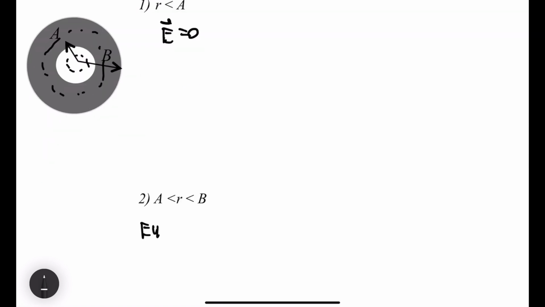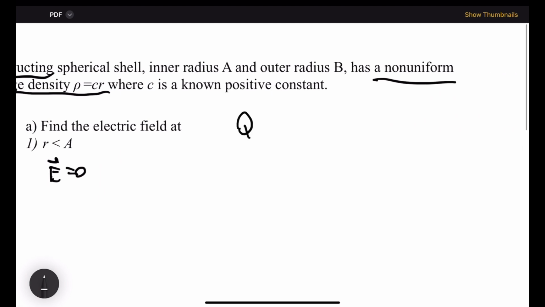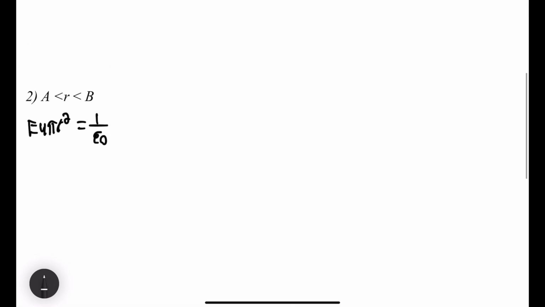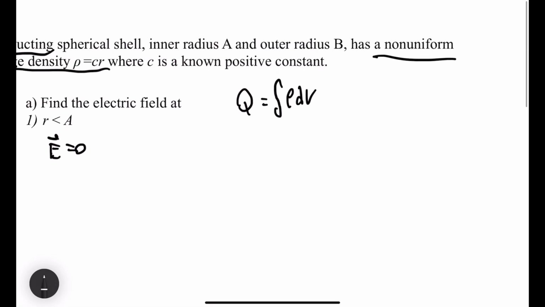So we have E 4 pi R squared is equal to 1 over epsilon naught times the charge, which is going to be equal to the integral of rho dV. So I'm going to have an integral of rho, which is CR, and dV. If you don't know what dV is, we can quote unquote derive it.